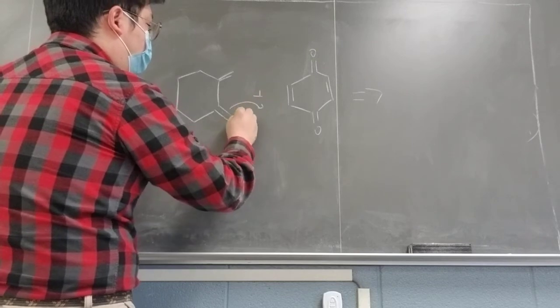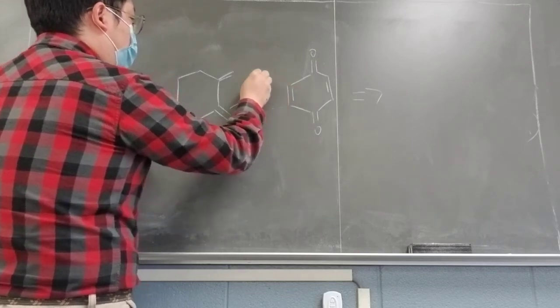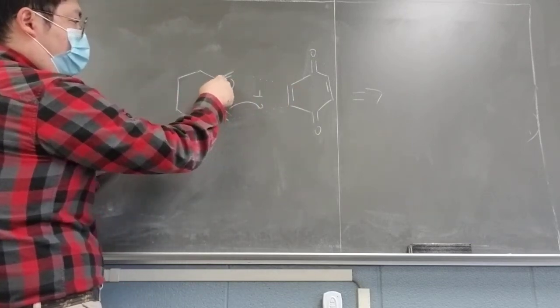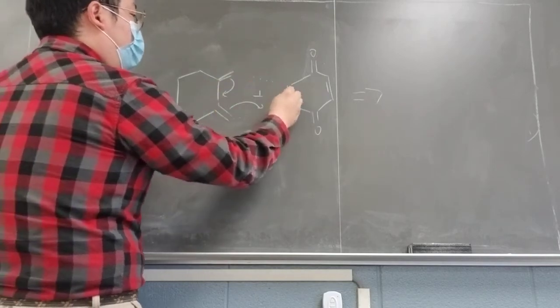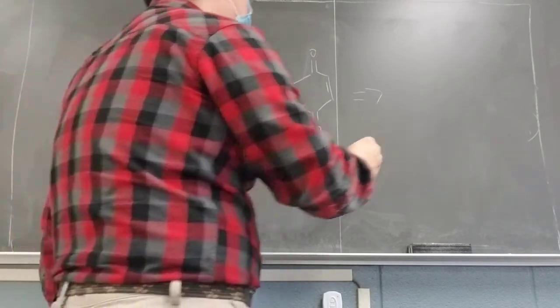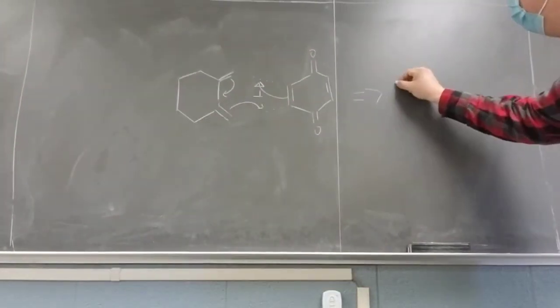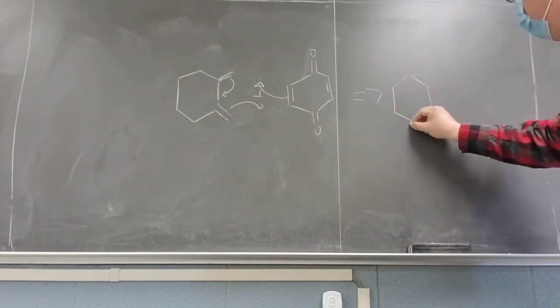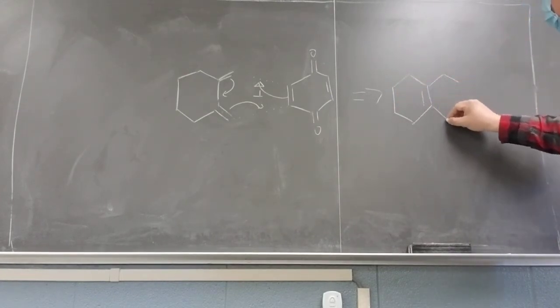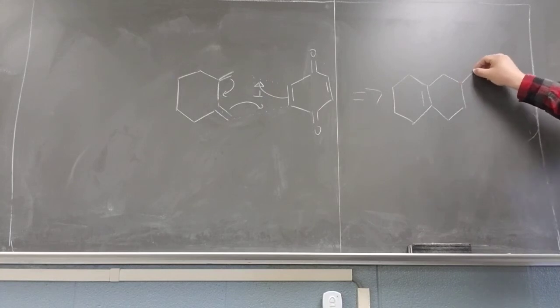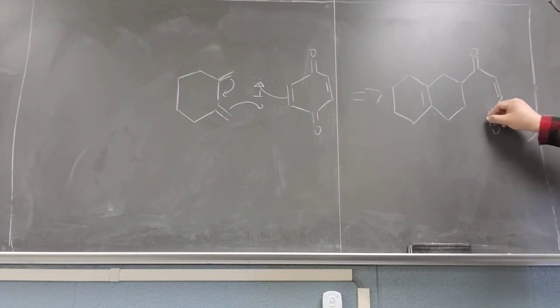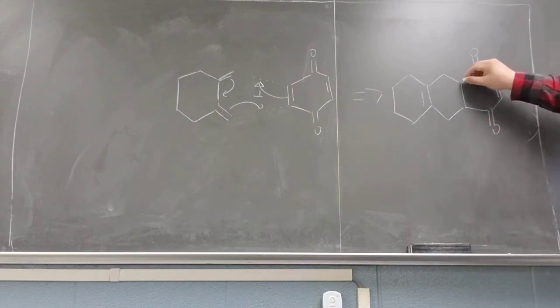So we're going to draw this one. See the one that has electrons down here, goes over there. So the final product is this one over here.